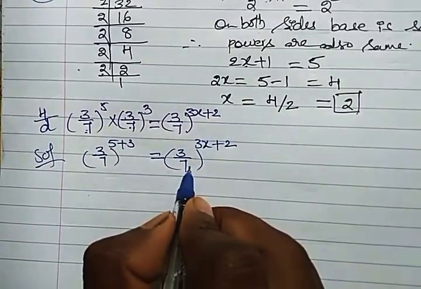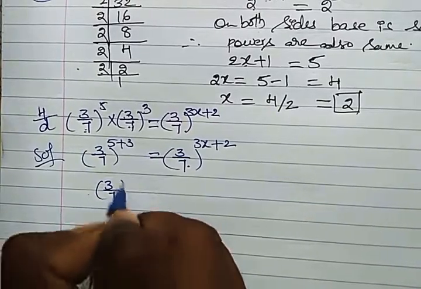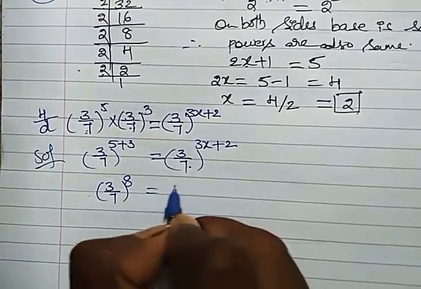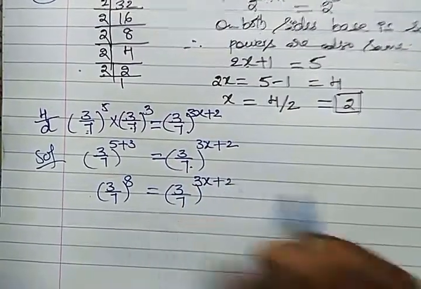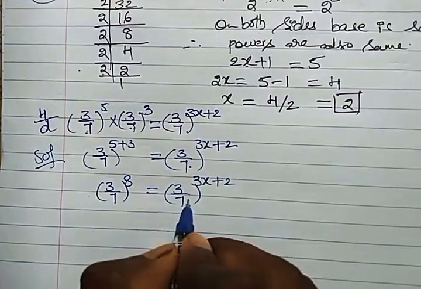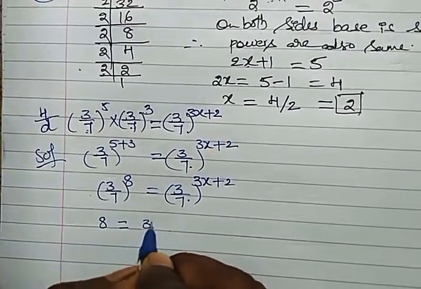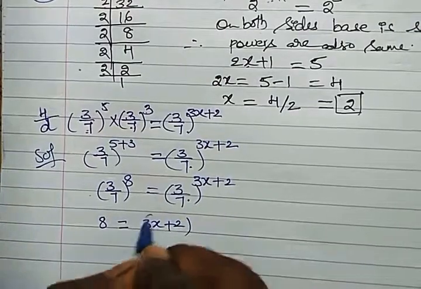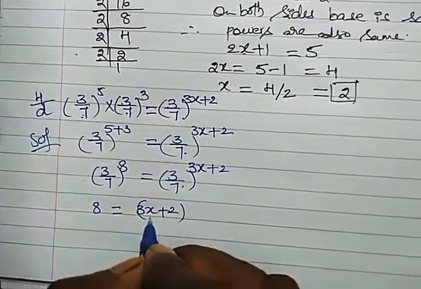Now see, on both sides the base is the same, so the powers are equal. Before that we'll write one more step. 3 by 7 whole power 8 is equal to 3 by 7 whole power 3x plus 2. Now on both sides the base is the same, so the powers are equal. What are the powers? 8 is equal to 3x plus 2. We need only the x value.